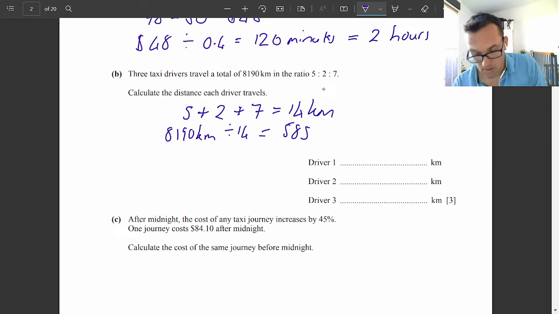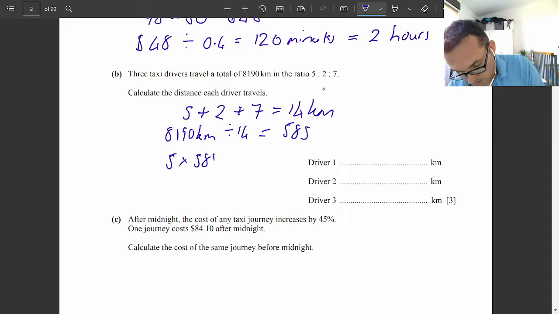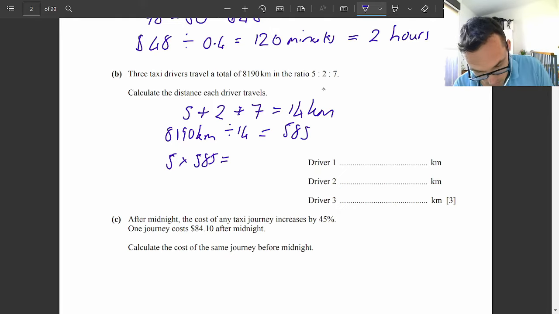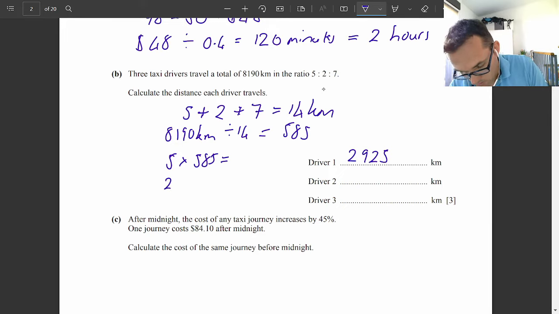We need to keep adding this up. That means for the first driver, that will be 5 times 585, which is 2,925 kilometers.